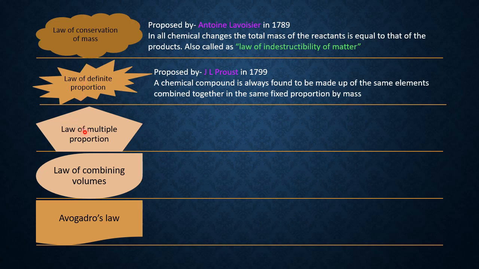For example, when carbon and hydrogen combine, you will get methane, ethane, propane, many things. What it says is, if you take the ratio of one element whose mass is fixed and the other whose mass is not fixed, they bear a simple ratio. That is the law.